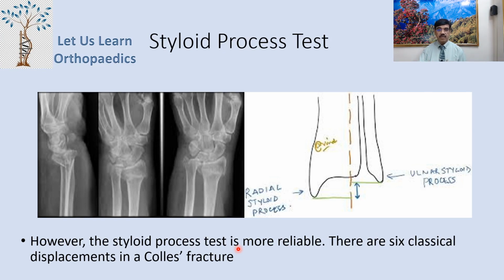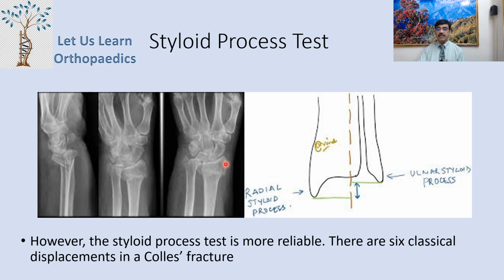is what? If we look at the normal relationship between the radial styloid and the ulnar styloid, you will find that normally the radial styloid lies distal to the ulnar styloid. But in the Colles fracture, because of the impaction of the fragments, both the styloid processes lie at one level.